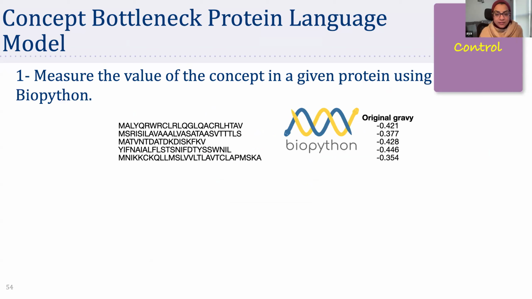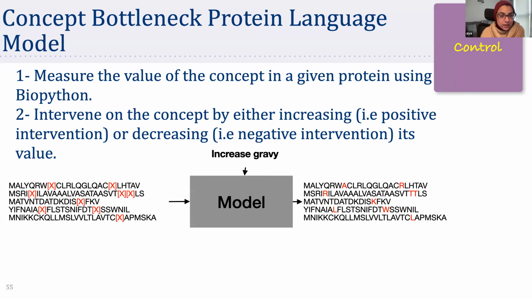So, to have in silico experiments, what we're going to do is take a set of proteins and calculate a set of BioPython properties, such as, for example, gravy. Then the second thing we're going to do is intervene on a concept, either by increasing it, which we call a positive intervention, or decreasing it, which is a negative intervention.